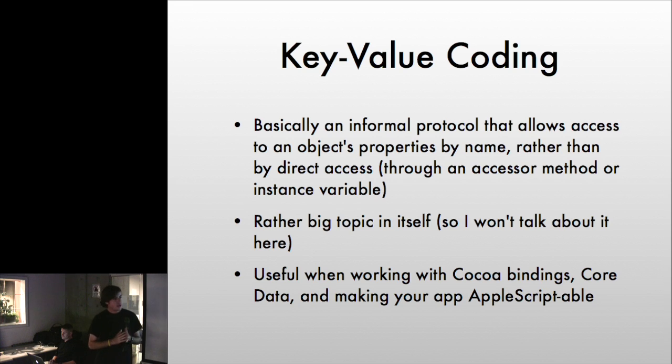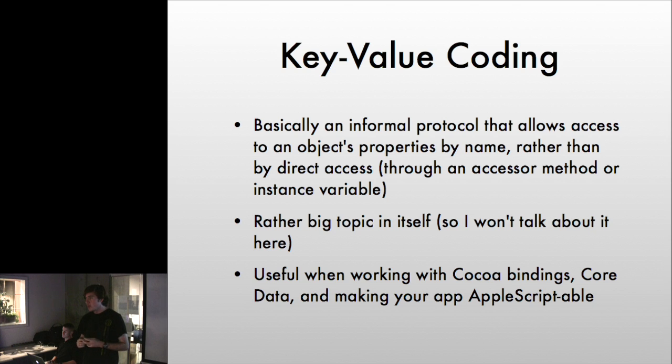It's sort of an informal protocol for you to query and set an object's properties by name rather than by a method call or by directly accessing an instance variable. So you just pass in strings, and there's this protocol for how you name those strings, and you can do objects within objects within objects, and there's a really nice protocol for how to define that.